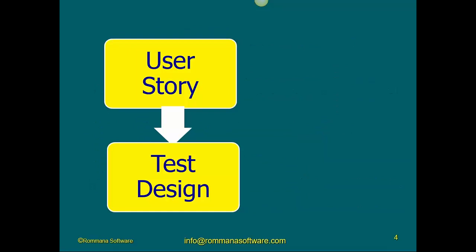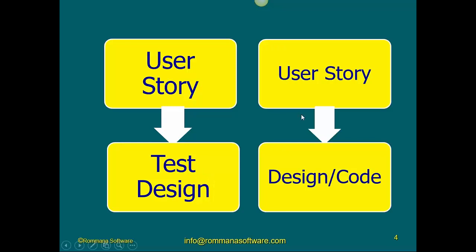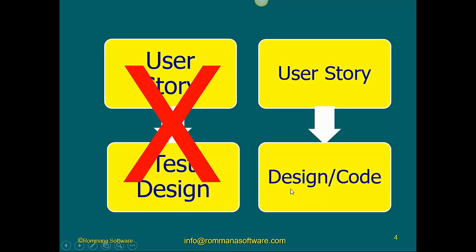So as a result, I'm asking you, if you are a test professional working with user stories, please do not ever take a user story and build some test design based on that. And if you are a developer, don't take a user story and build a design or code based on this. This does not work.